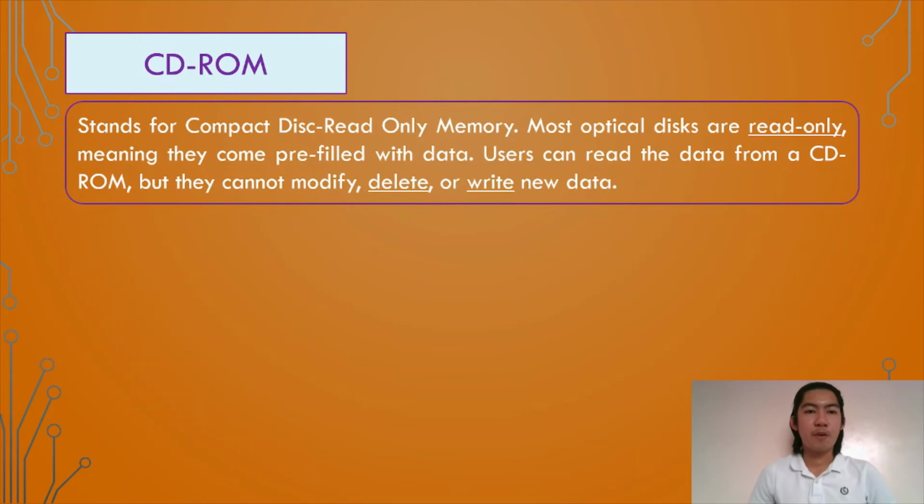CD-ROM stands for Compact Disc Read-Only Memory. So most optical discs are read-only, meaning they come pre-filled with data. So pag sinasabi yung CD-ROM, yun yung mga data na may laman na. Example nito, yung mga sa perya, yung binibili natin na CDs noong unang panahon na wala pang internet. Yun yung paraan para maka-watch tayo ng movies, di ba?